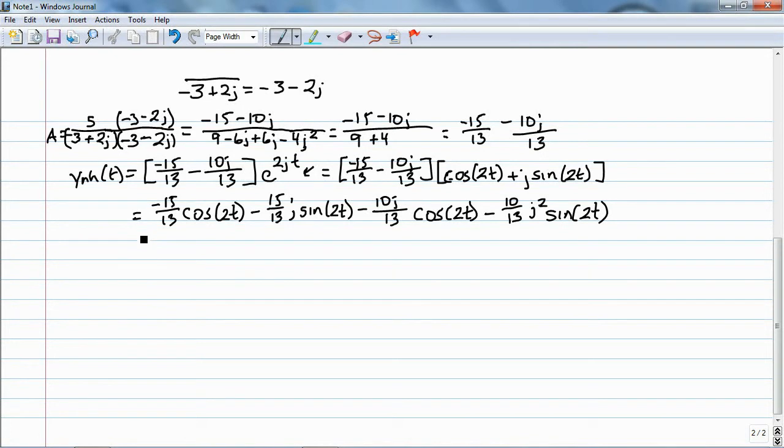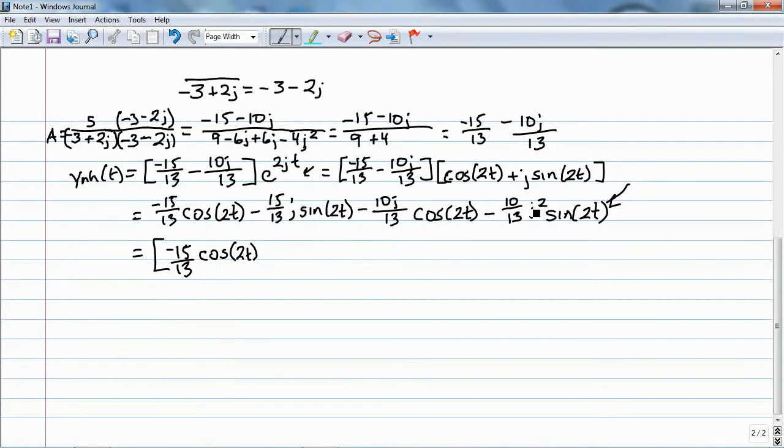And now I'm going to group real and imaginary parts. So I'll have minus 15 thirteenths cosine 2t, and my other real part is going to come from this last term where I have a j squared.